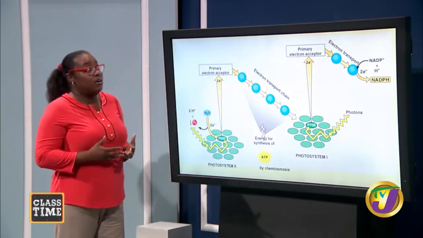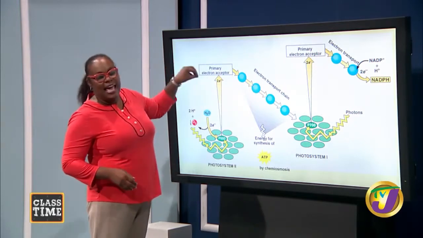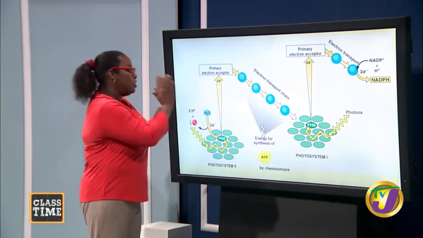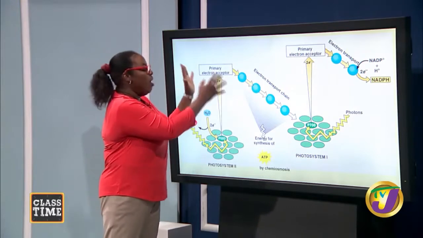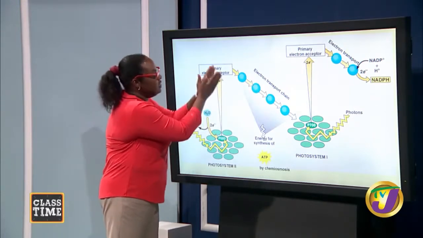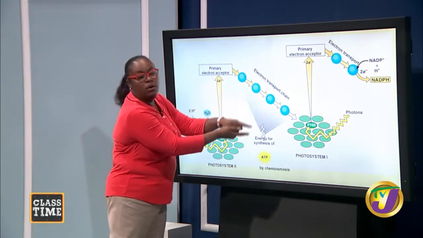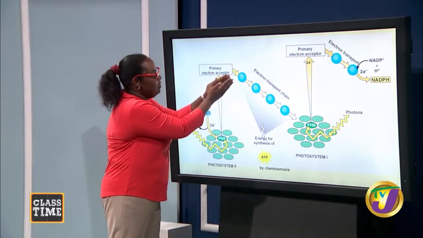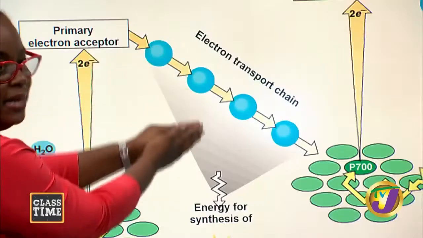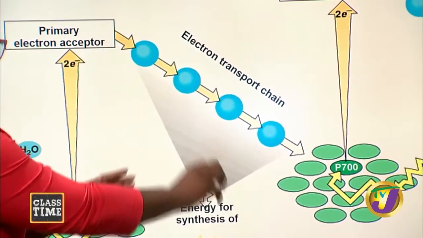Now you have to recognize that when the electron is in this high energy state, some compounds or some molecules can't hold them. So that's the reason specific carriers, which are actual molecules, will be carrying these 2 electrons and then pass it on to the next one, then to the next one, in this chain.